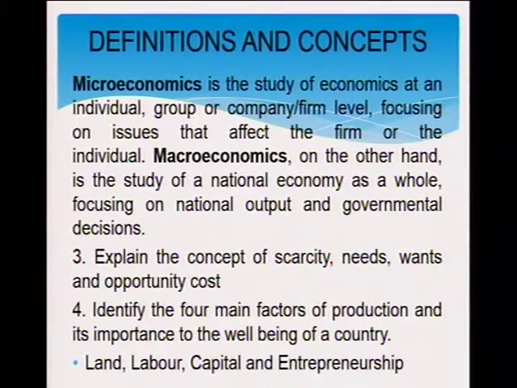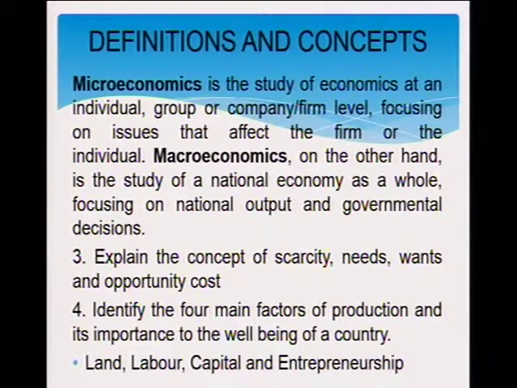And macroeconomics, on the other hand, is the study of an economy as a whole, focusing on national output, governmental decisions, on things like poverty, unemployment, inflation, balance of trade deficits, and all that. Those are the two components of economics.